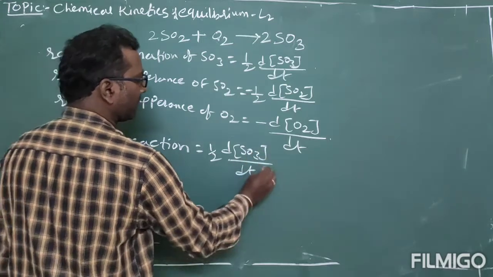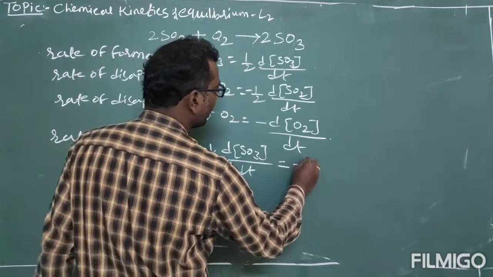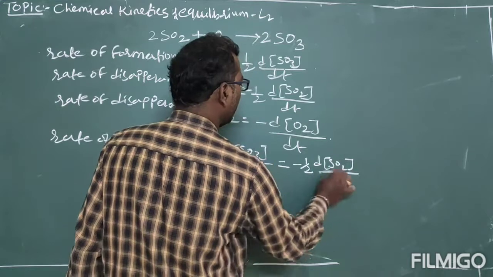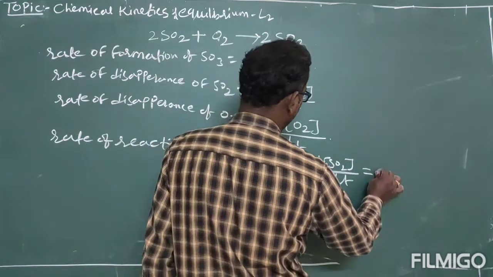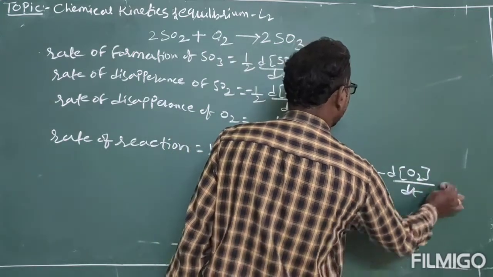d of formation of SO3 by dt is equal to half disappearance of SO2 by dt, and it is equal to disappearance of O2 by dt.